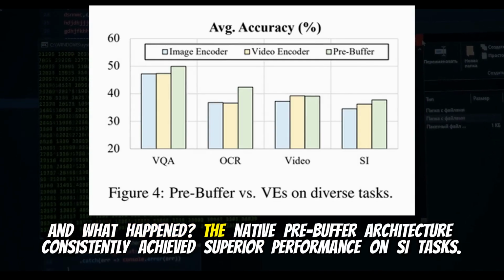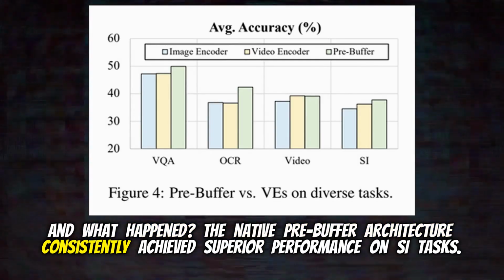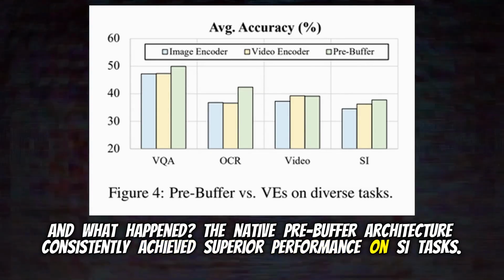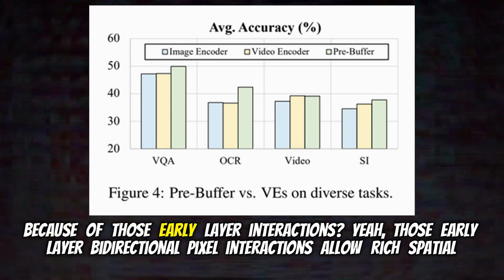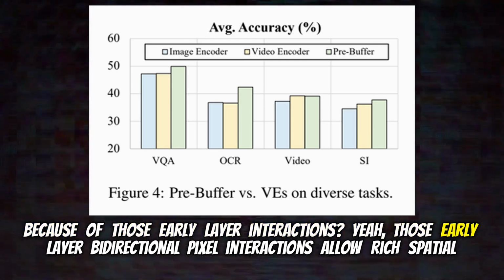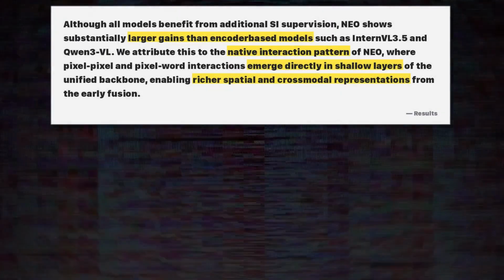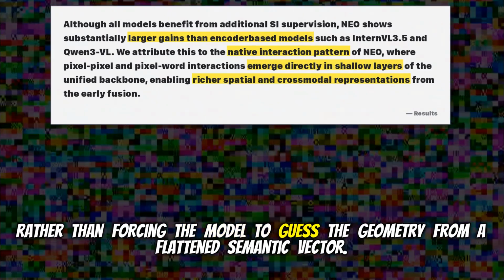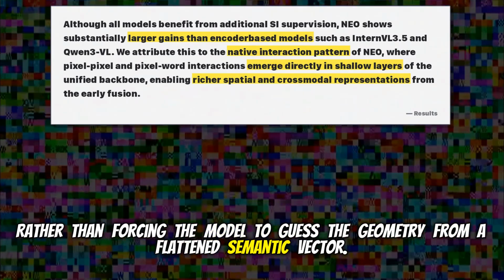And what happened? The native pre-buffer architecture consistently achieved superior performance on SI tasks. Because of those early layer interactions? Yeah, those early layer bidirectional pixel interactions allow rich spatial representations to form organically, rather than forcing the model to guess the geometry from a flattened semantic vector.